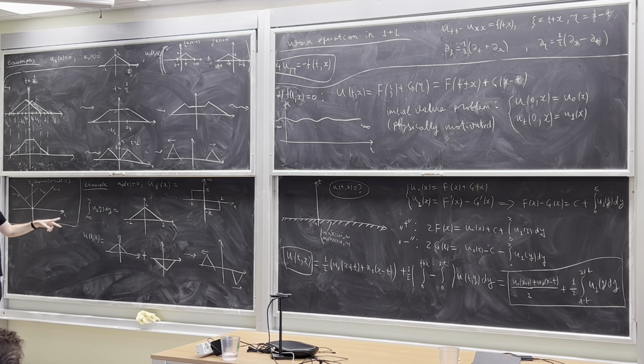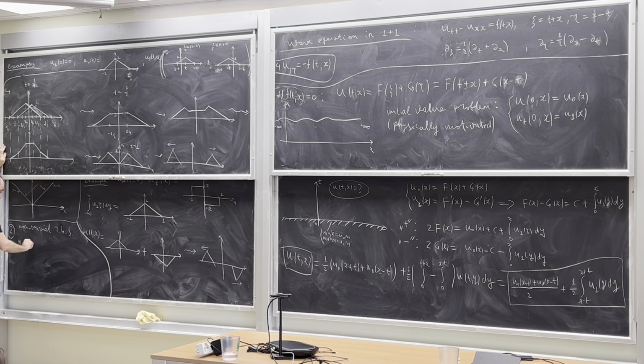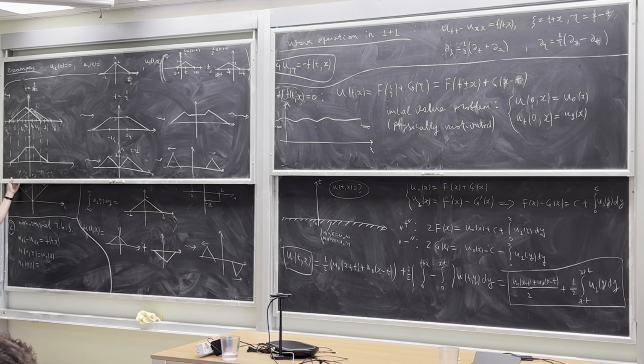So utt minus uxx equals f of t and x. u of 0 and x equals u0 of x. ut of 0 and x equals u1 of x.